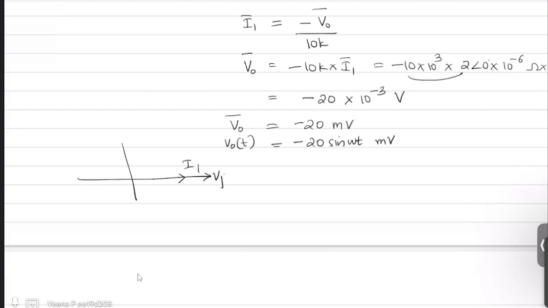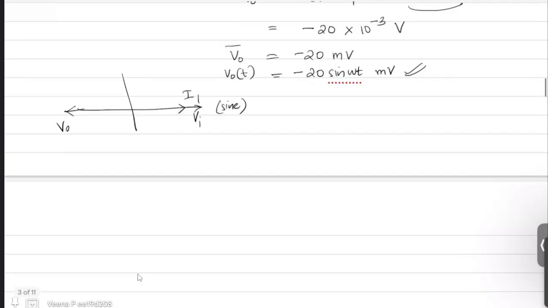Your V0 can also be drawn here, but the magnitude is minus 20, which means your V0 lies on the minus x axis. The x axis is sine, so your V0 is 180 degrees shifted. That is the case for inverting amplifiers, inverting op amps: the output will be 180 degrees shifted from the input.